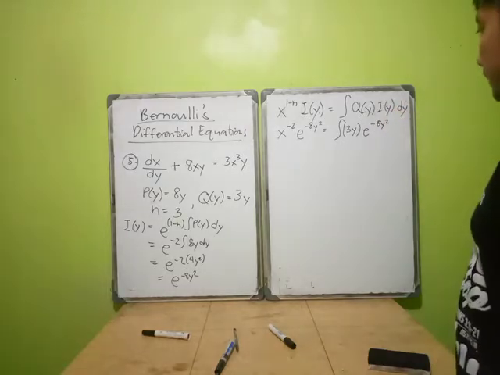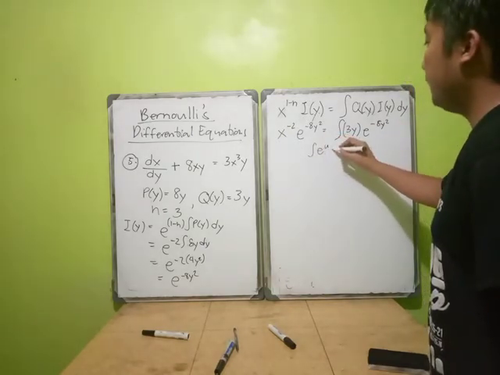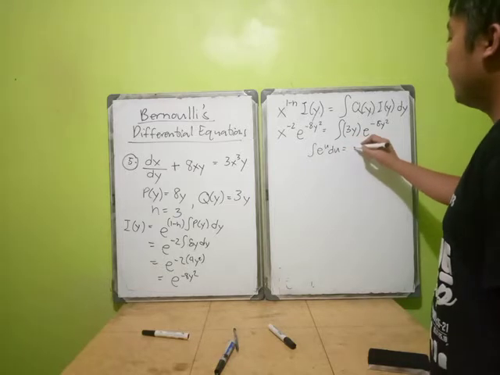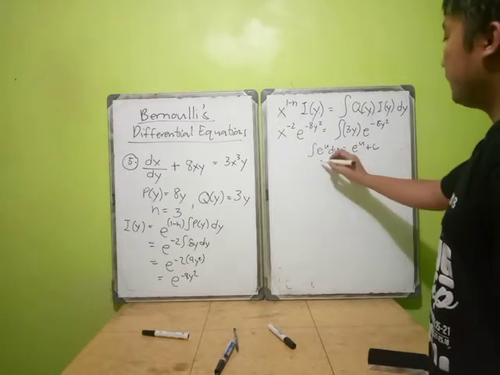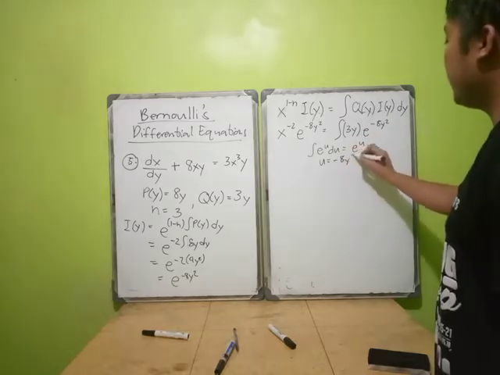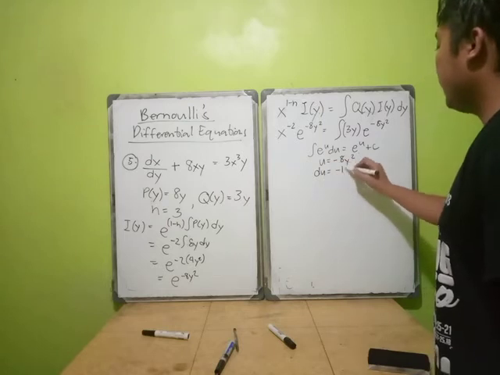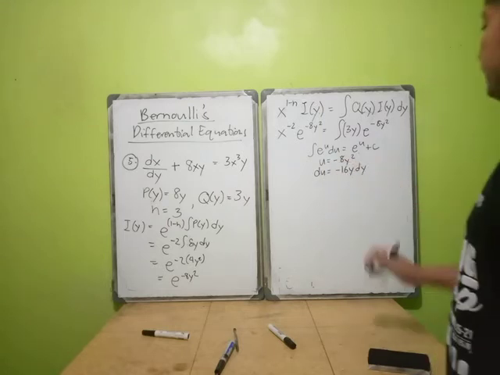Okay? So, sulat natin ulit. So, the integral of e^u du is equal to e^u plus C. So, yung u natin dito sa sitwasyon na to is negative 8y squared. Okay? So, therefore, ang du natin is negative 16y dy.